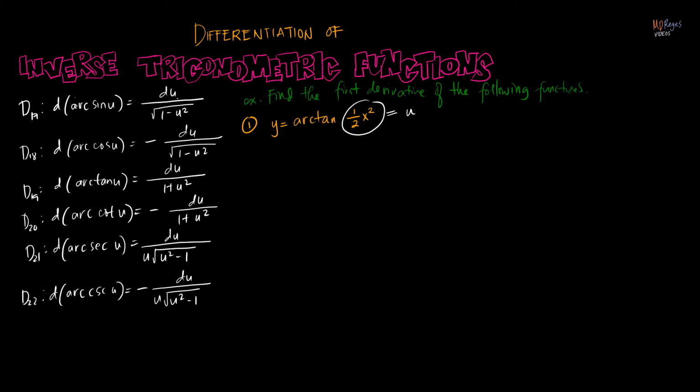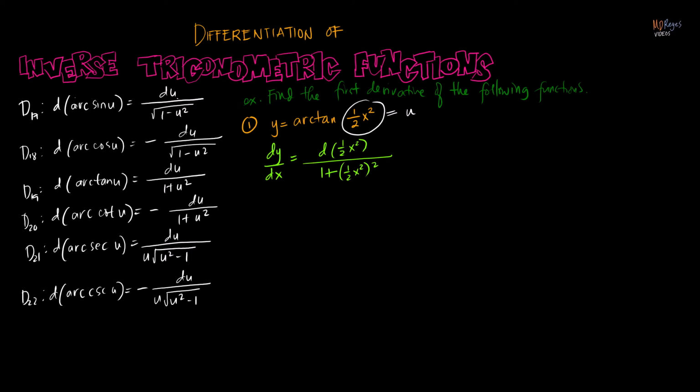Let's get dy over dx. According to our formula D19, it's du, that's the derivative of 1/2 of x squared, over 1 plus u squared, so 1/2 of x squared, squared.